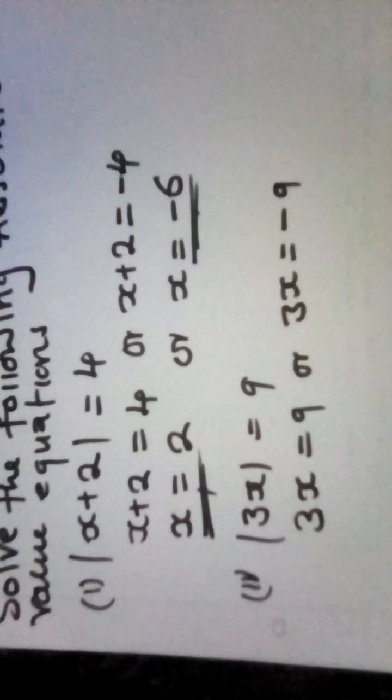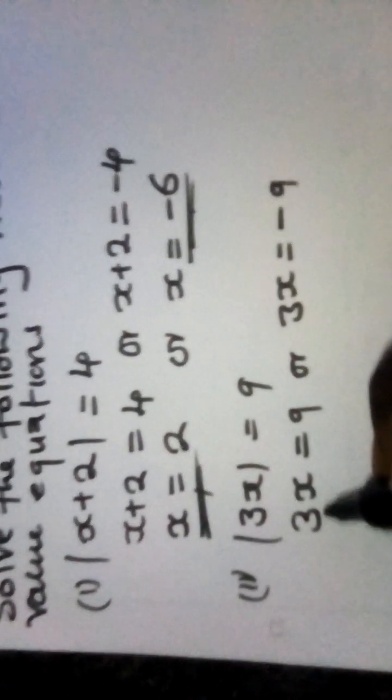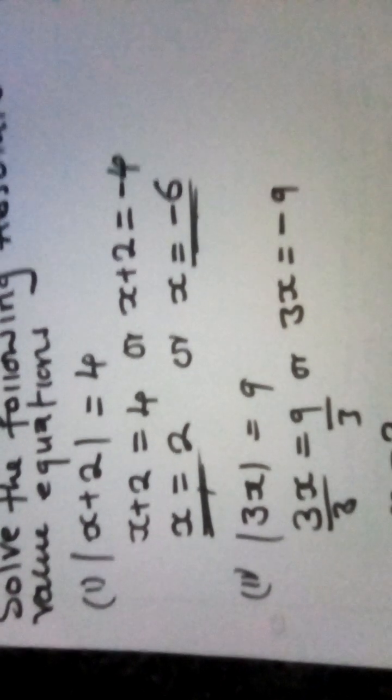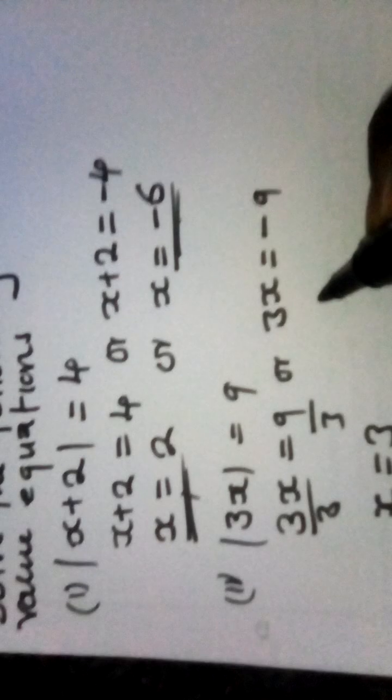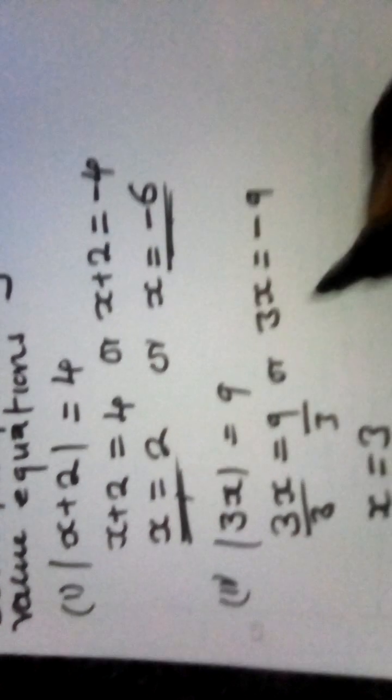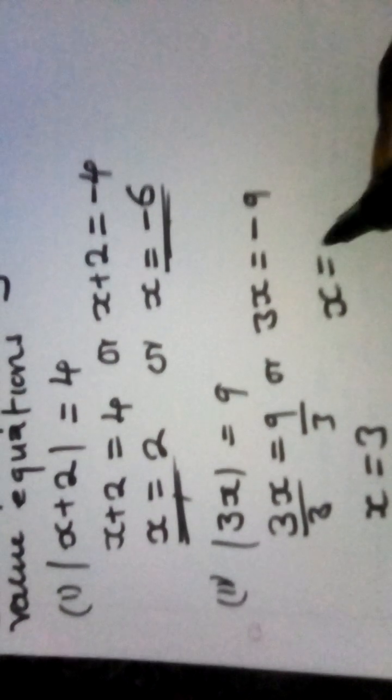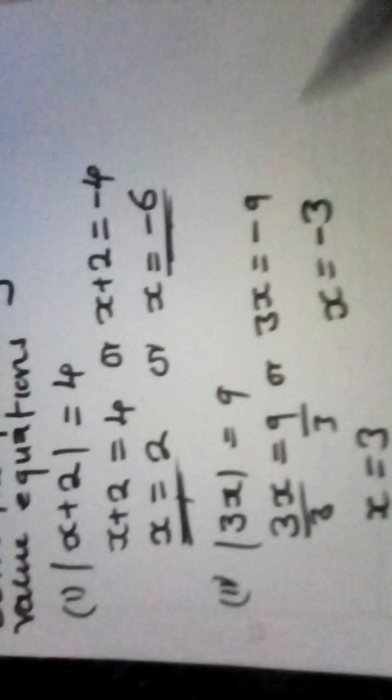To work out the value of x, we simply divide both sides by 3, and x is equal to 3. Or, same applies here, x is going to give us negative 3.